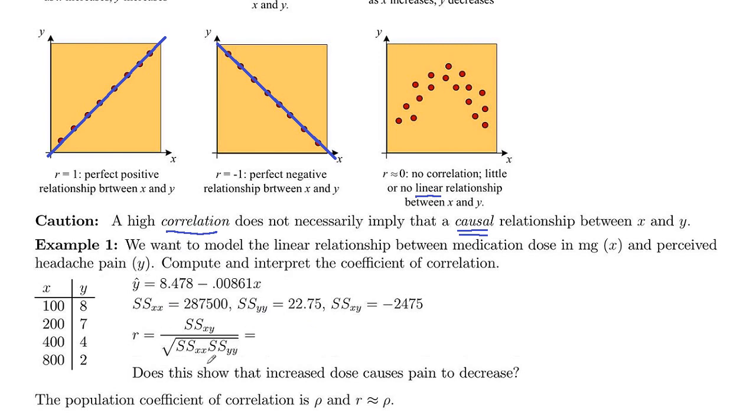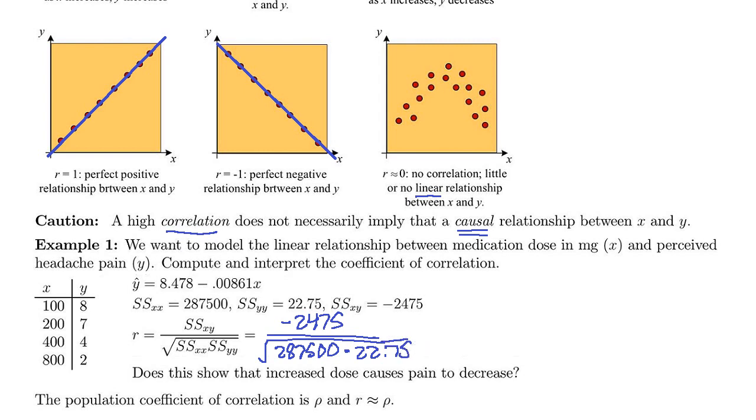So for our coefficient of correlation, we'll have sum of squares of xy up on top, which is negative 2475. And in the denominator, we will divide by the square root of sum of squares of xx, which is 287,500, times 22.75, which is our sum of squares of yy.